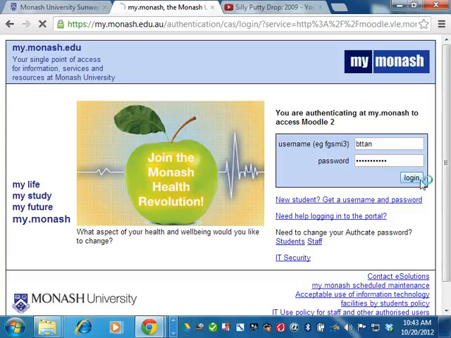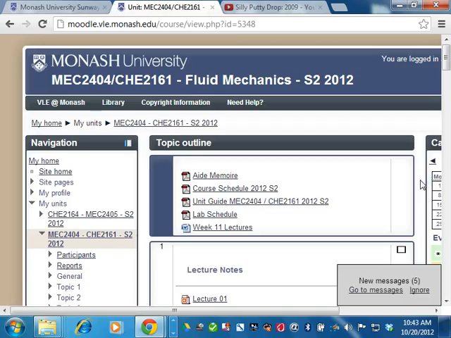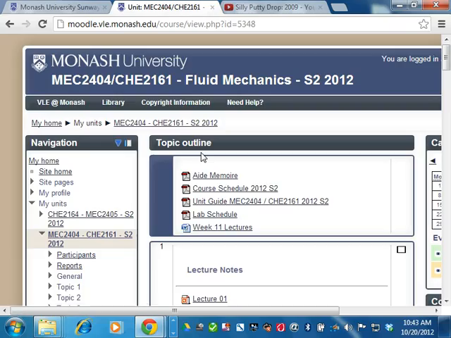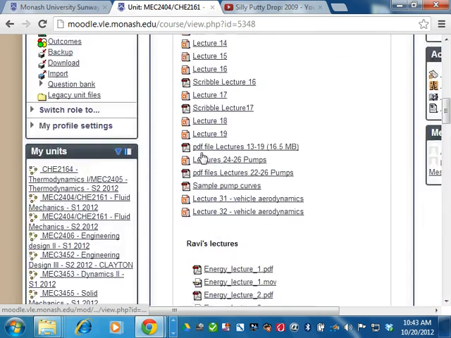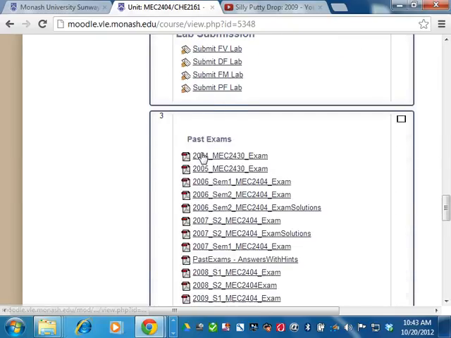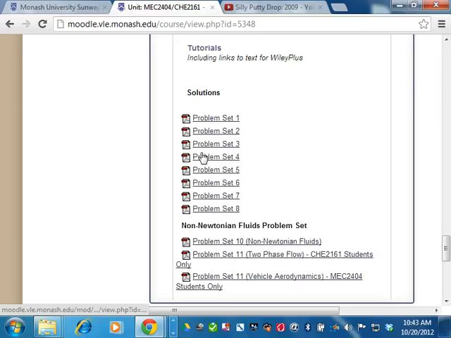Login. Okay, we'll do the same tutorial problems as in Clayton, so that should prepare you, hopefully, the same. Okay, what's that one? Two-phase flow.